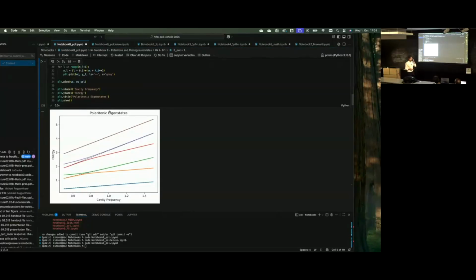Why is it that the splitting is largest near the cavity frequency and smaller everywhere else? Yeah, that's because, if you just take a simple 2x2 matrix, you could see it right away. When you hybridize two states, you want them to be close in energy.